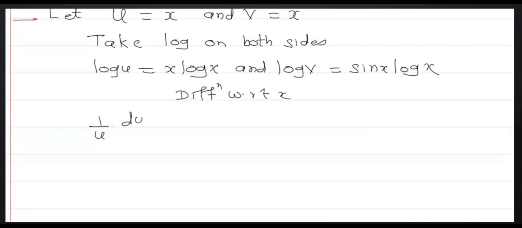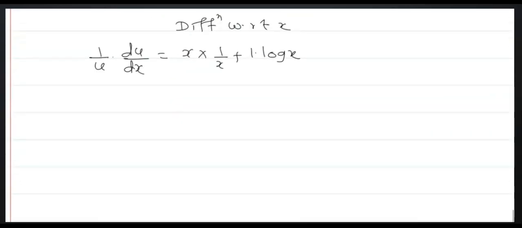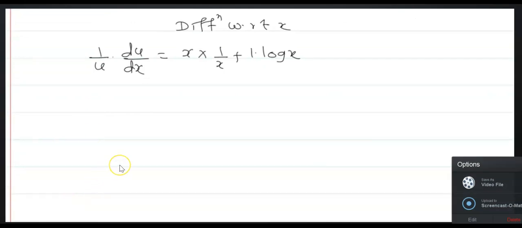Therefore you will get 1 upon u into du by dx. Apply the product rule to x into log x. That is, first is x, the derivative of log of x is 1 upon x, then the derivative of x is 1 into log of x. Now these x get cancelled. That is 1 plus log x.